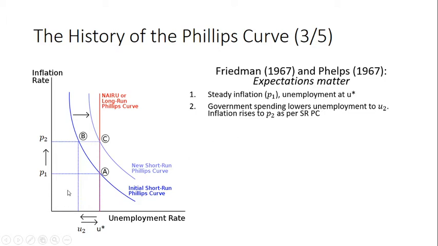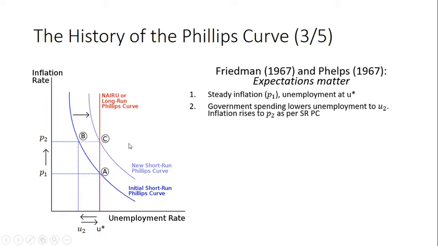We would expect unemployment to fall to U2. At the same time, given the purported existence of this Phillips curve, we would therefore expect inflation to rise from P1 to P2.